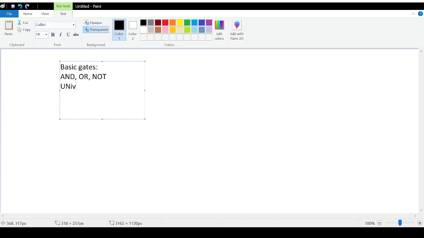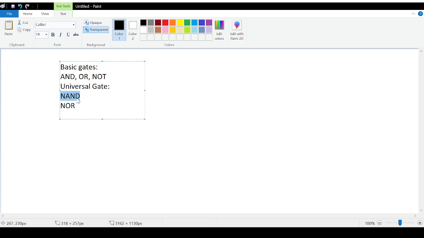And what are universal gates? There are two types of universal gates, NAND as well as NOR. With NAND gate, you can construct any circuit. That means if I give you a lot of NAND gates, using only NAND gates, you can construct any circuit in this world.